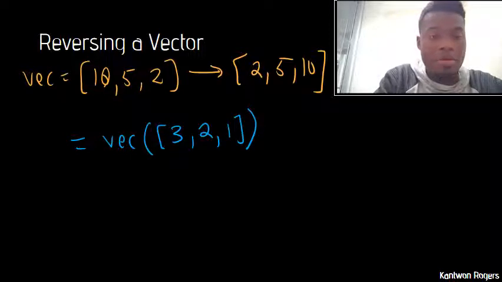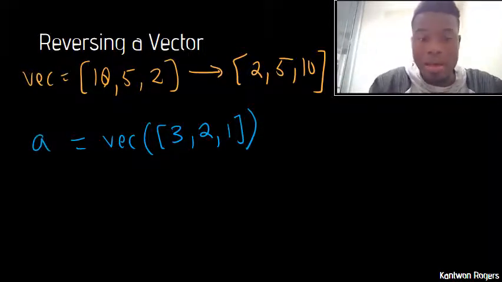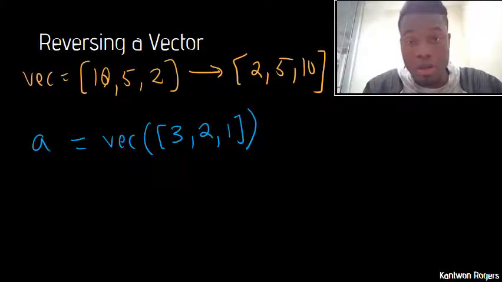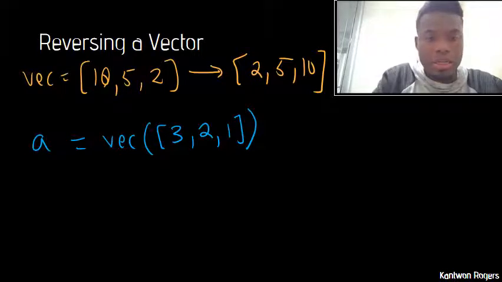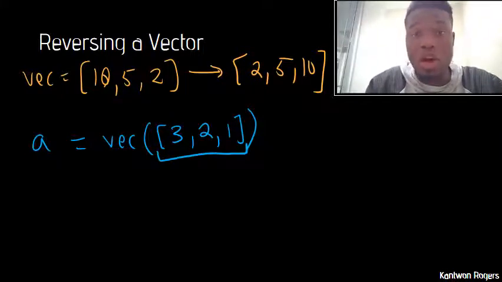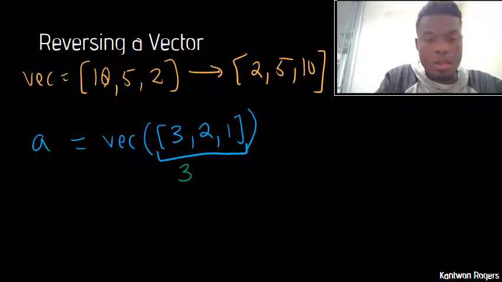And let's say I wanted to save that inside of A. So now A will be the reverse of my original vector. However, as you can see here, I'm using the direct entry method, but I could also produce this using the colon operator. So one way of doing that is I could say 3, 1.